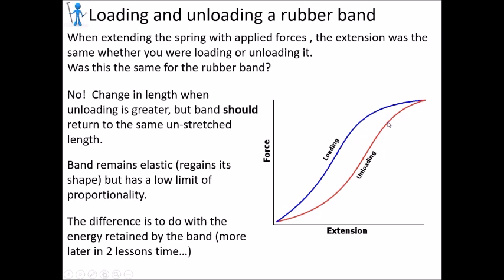So if you understand the way this graph is, this is how far it's stretched going this way. So if you put, say, 10 newtons on a rubber band, but then you go back down to only 6 newtons, the rubber band stays much longer than it was when you'd loaded the 6 newtons on in the first place, which I think is quite surprising, but tells us interesting things about the way rubber bands stretch. It also tells us about the energy that's in bands that we'll look at later.